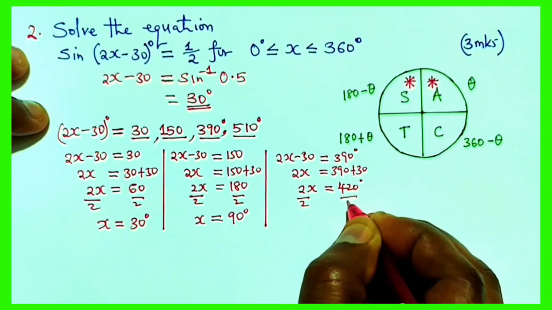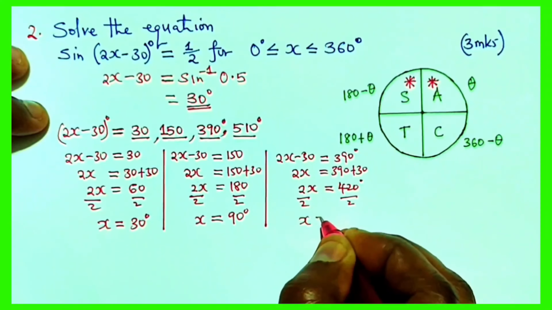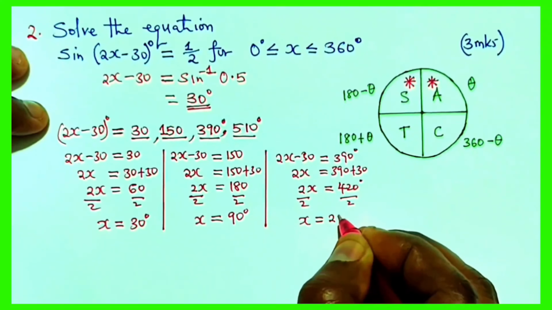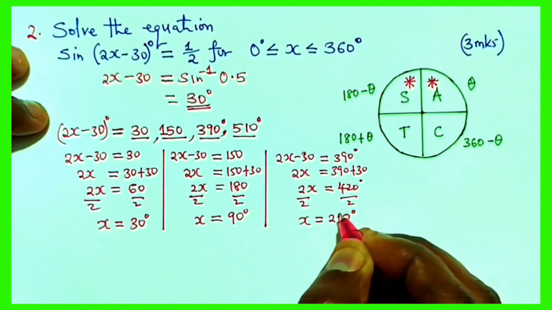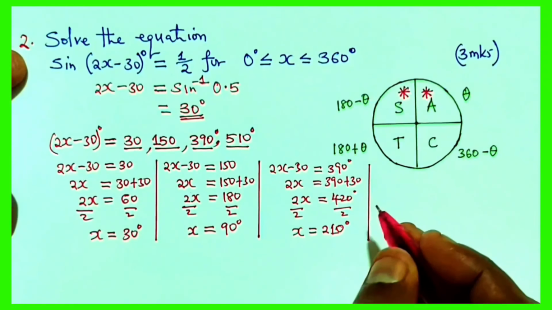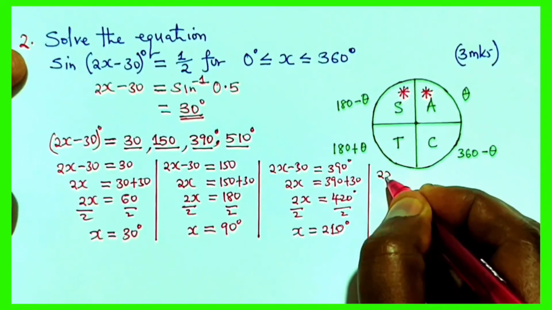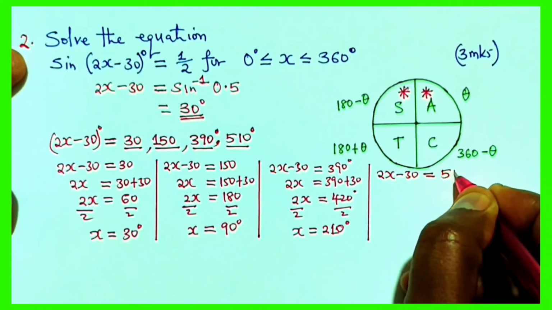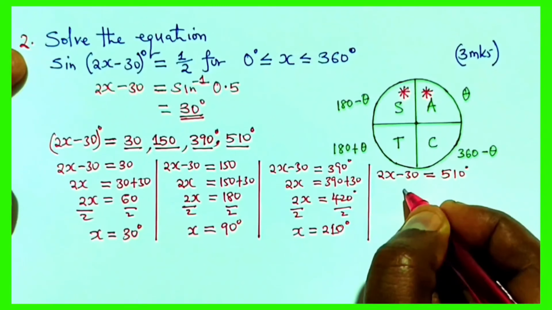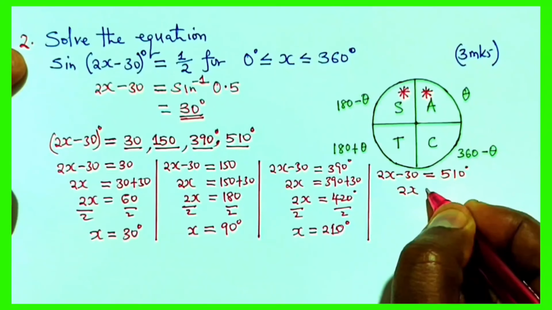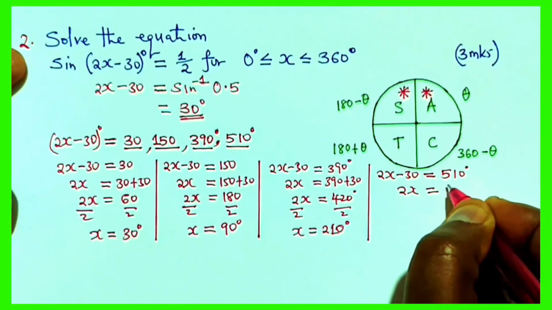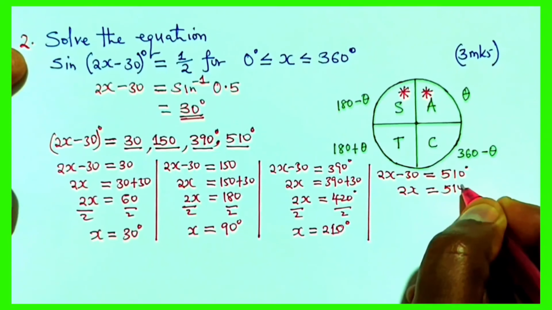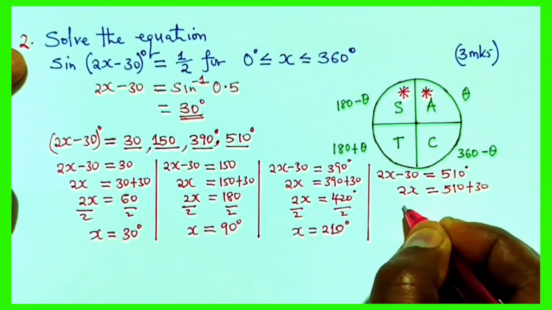And when you divide both sides by 2, you will get our third angle to be equal to 210 degrees. And the last angle we can consider is 2x minus 30 degrees to be equal to 510 degrees. And therefore 2x will be equal to 510 plus 30 degrees.